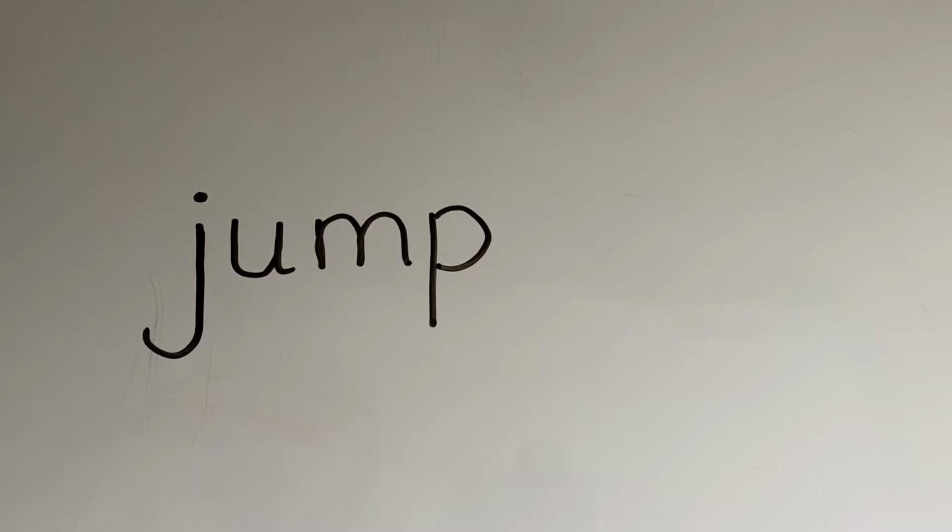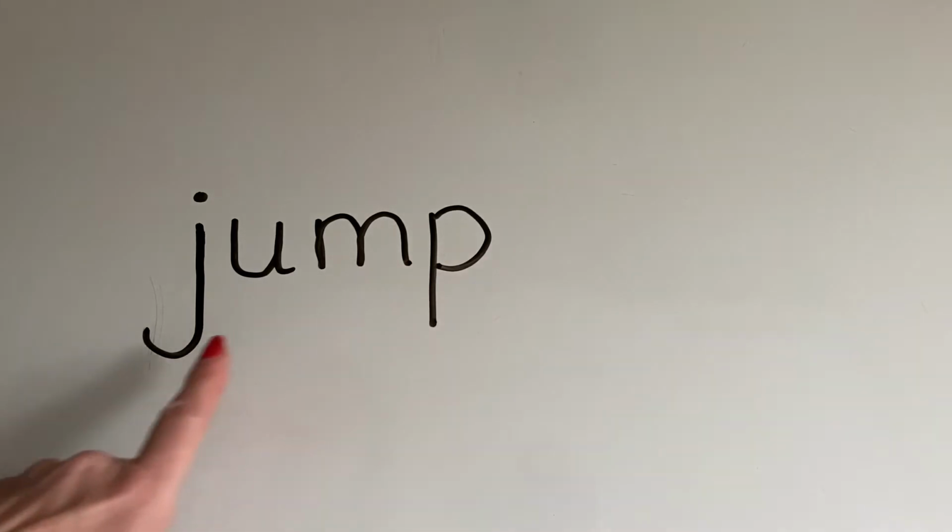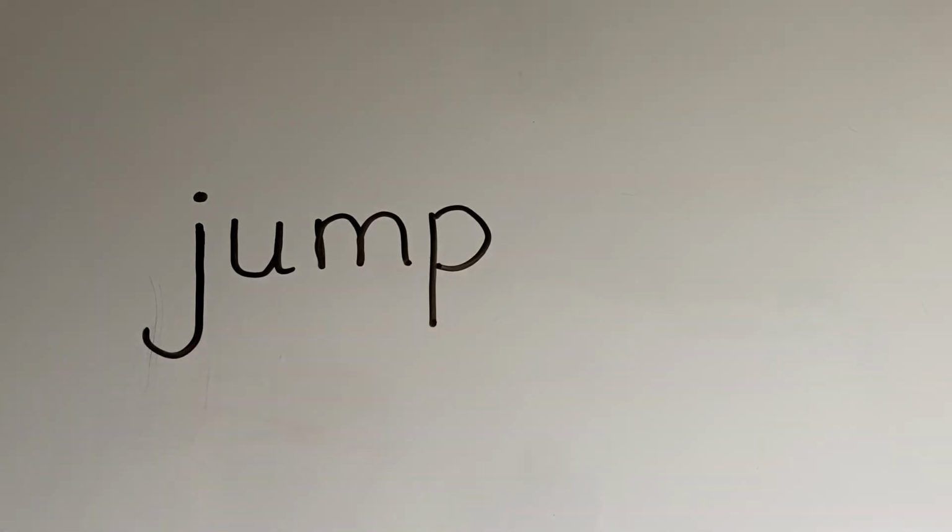Here are some verbs. I wonder if we can add ed to them to make them past tense. Here's our first word. Let's see if we can read it. Jump. I could put that in a sentence. I can jump. I wonder if we can make it past tense.